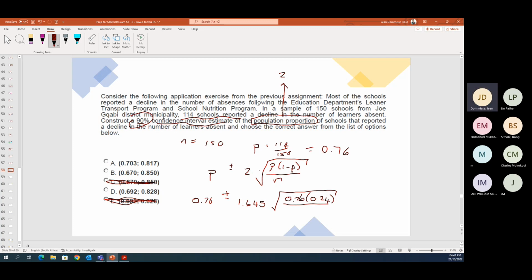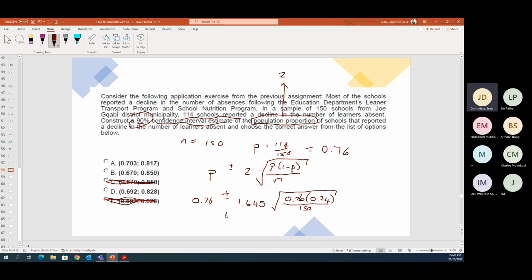Still divide by 150 because that is n. Okay, so 0.24 times 0.76 divided by 150. Take the square root of that.